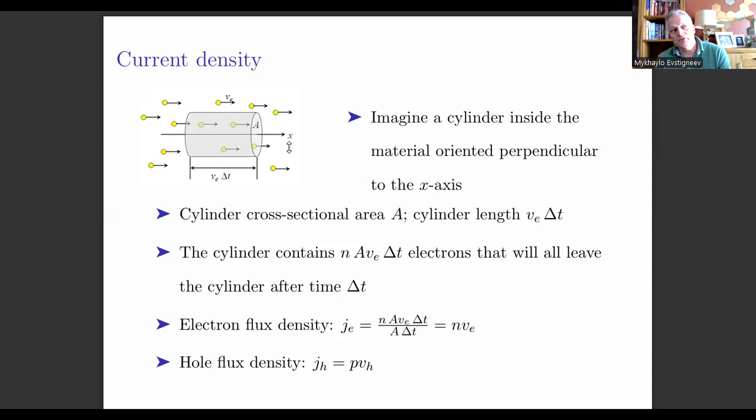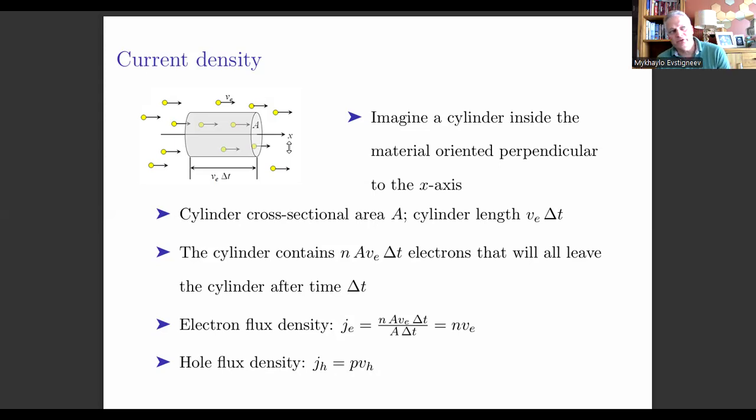All right, so how to relate the electron current density and the electron flux density to the average velocity of the electrons? For this, imagine a cylinder whose axis is aligned with the direction of electron motion, that is the x-axis. So the two opposite bases of the cylinder are perpendicular to the x-axis.